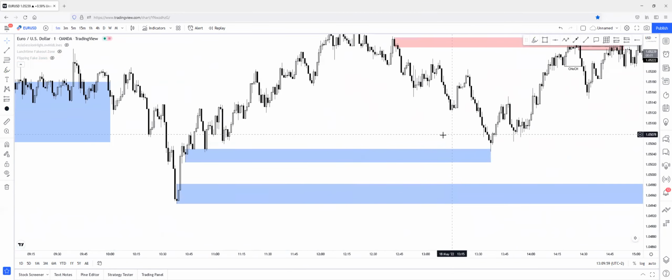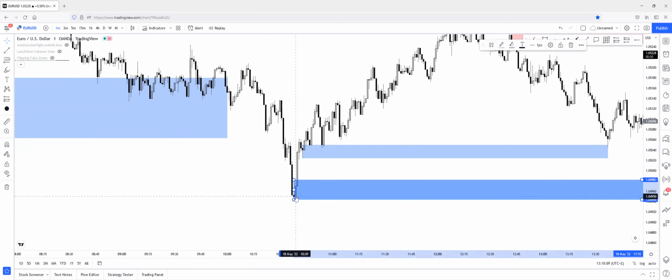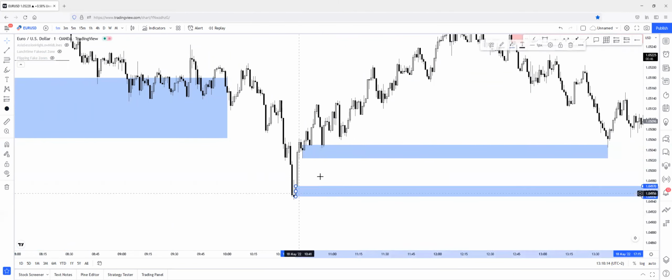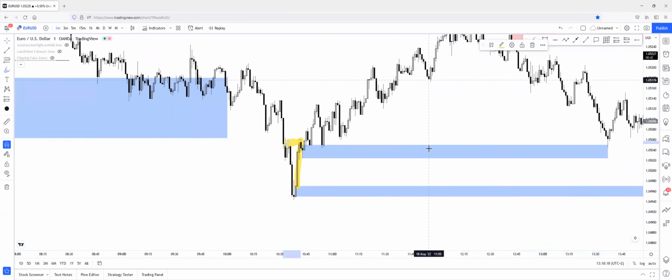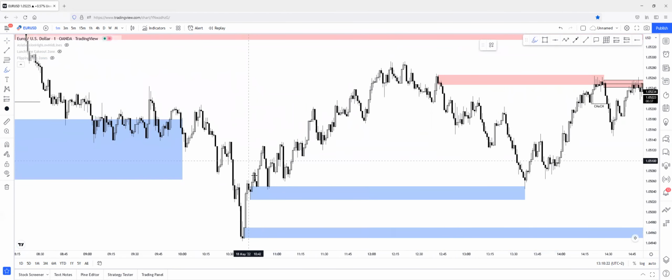The first one was this one down here, which caused the first character changing movement to the upside, because from this demand zone, or even from this demand zone, price started the whole character changing inefficient movement to the upside, which changed character right here. Okay, the second demand zone, which is not as valuable as the origin of the change of character demand zone, is right here.